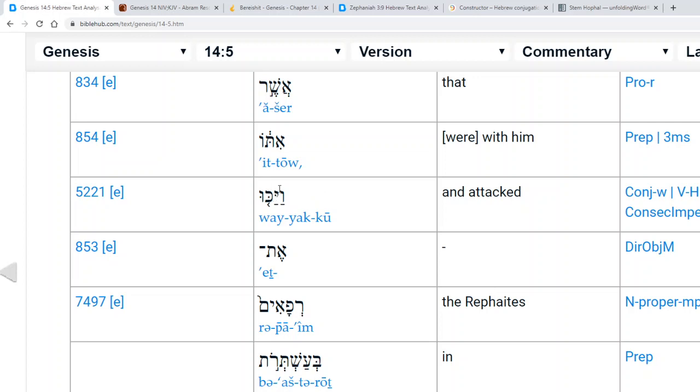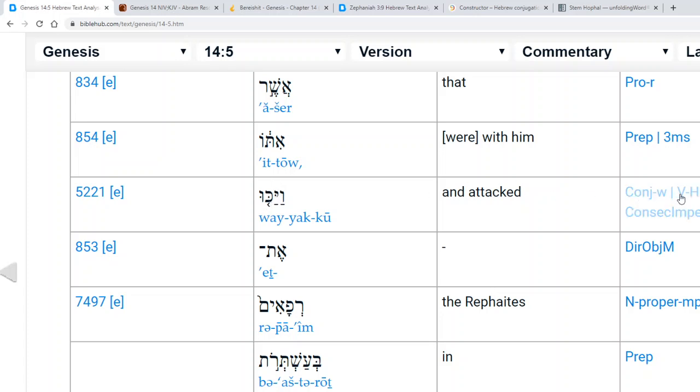Anyway, vayaku. So this is a very strange verb, although it shows up a lot, right? I would say the root is hey, chaf, hey, and both heys have absconded, both at the beginning and the end. That's why it's so short.